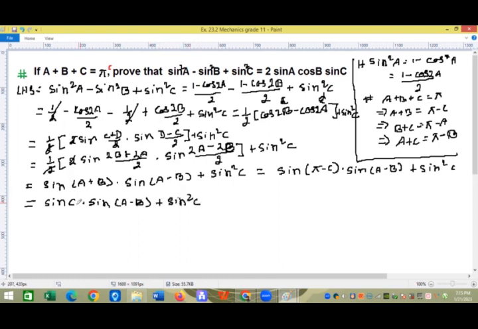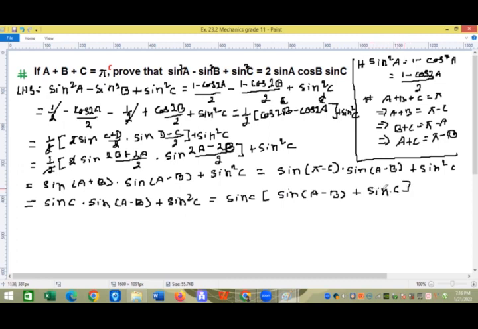You can see from these two terms, we have sine c and sine c common, so you can take sine c common out. Inside the bracket you have sine a minus b, and then plus not sine square c but only sine c remained here.